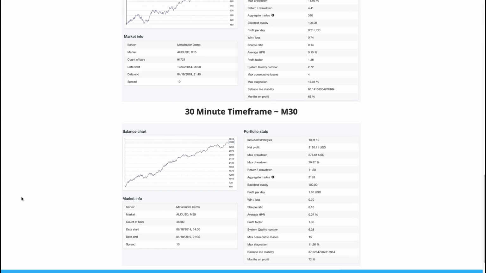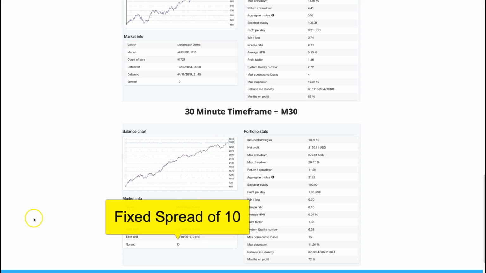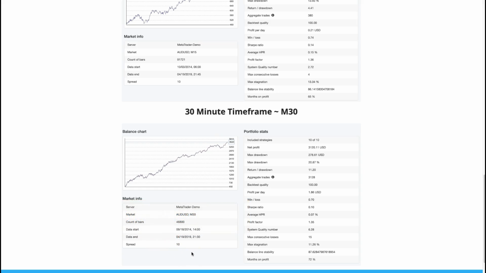This is a quick edit because there was something that I forgot to mention when I did the recording. If we look down the bottom here, we can see the spread, and the spread is 10 points. We can see spread up here again is 10. When we do our scanning, we set the spread as 10. Now, the reason why we do that is that everybody's trading with different brokers, so we want to make these figures as conservative as possible.